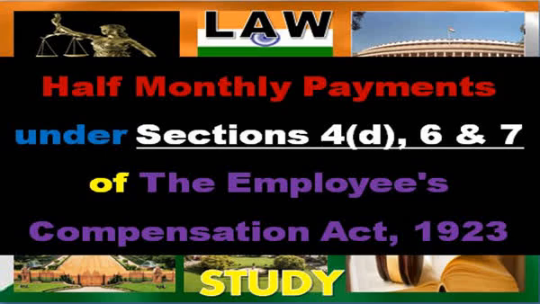And Clause 2. In the case of an injury not specified in Schedule 1, such percentage of the compensation payable in the case of permanent total disablement as is proportionate to the loss of earning capacity as assessed by the qualified medical practitioner permanently caused by the injury.